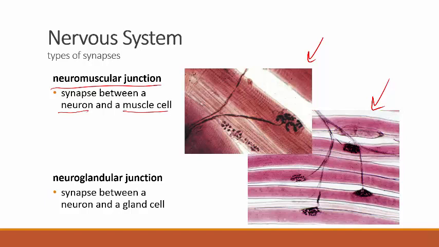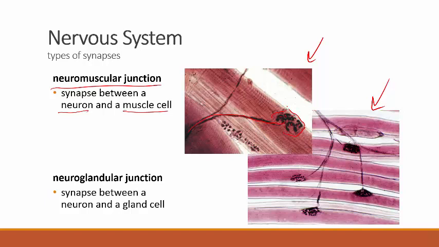And you can see here is an axon coming down, and then we can see all of the axon terminals here that are associated with this neuromuscular junction. And then, deep to all of that on the muscle cell itself is the motor end plate, where all of those receptors are waiting to receive the neurotransmitter.